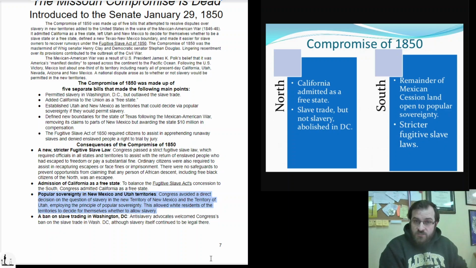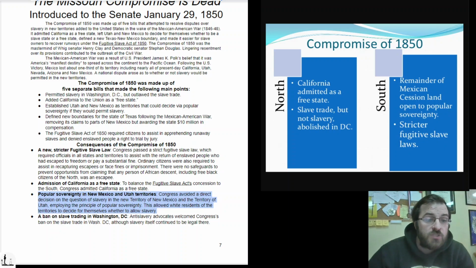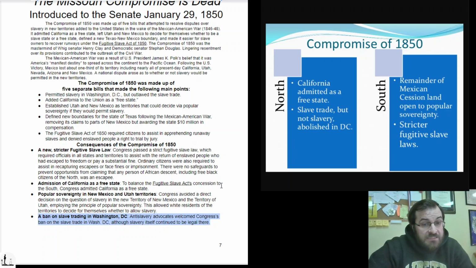Let the voters decide. This allowed white residents of the territories to decide for themselves whether to allow slavery or not. There's also a ban on slave trading in Washington, D.C. Anti-slavery advocates welcomed Congress's ban on the slave trade in Washington, D.C., although slavery itself did continue to be legal there.